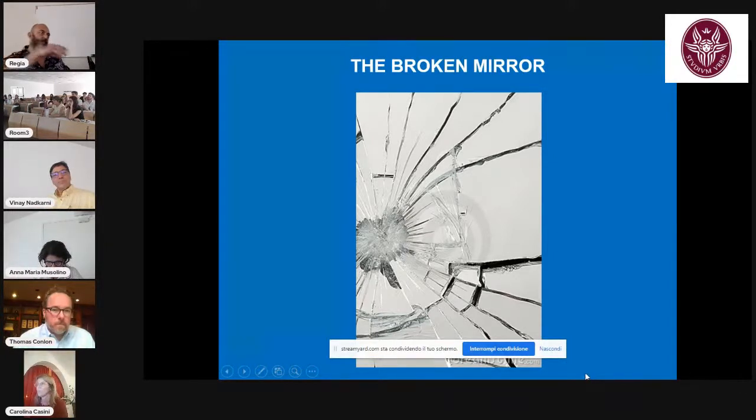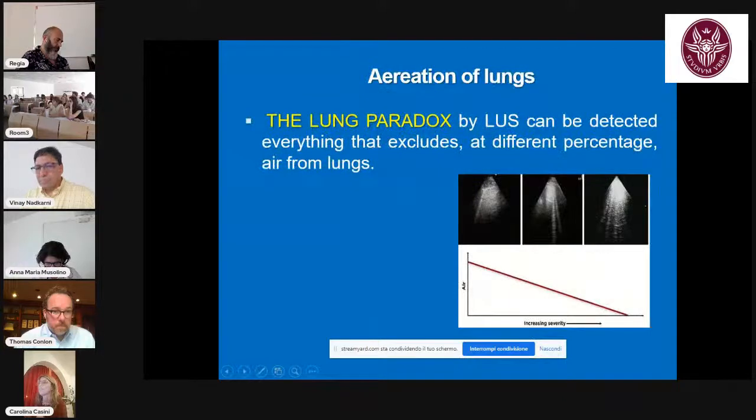So it occurs that the disease shows us what happens under the mirror, because the pathology lets the ultrasound come inside the pleural line that normally is like a mirror to ultrasound. And this is because of the lung paradox.